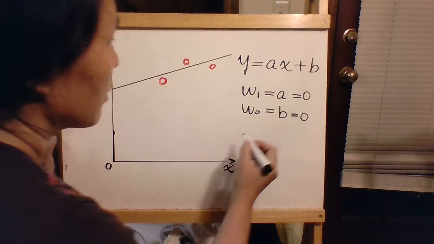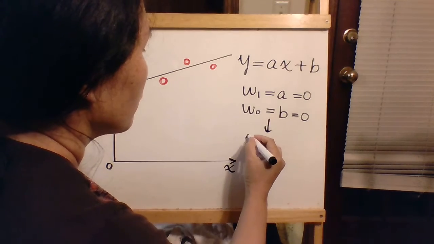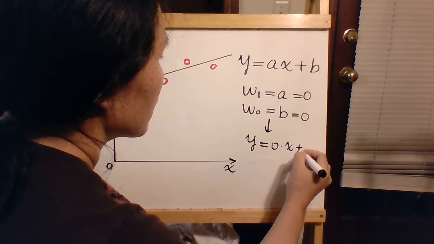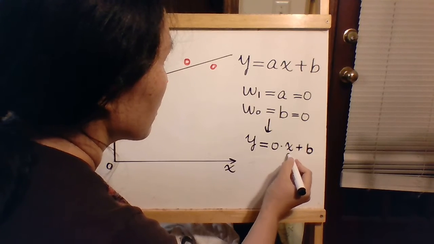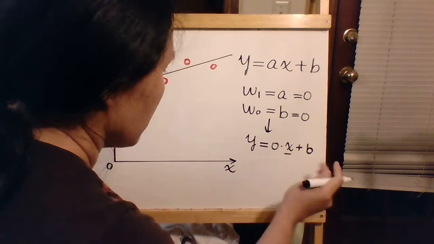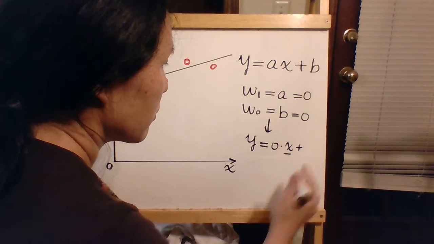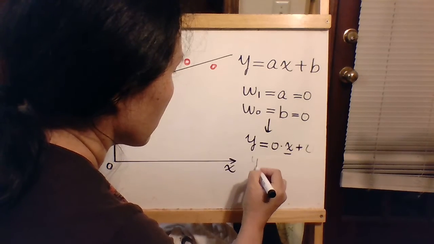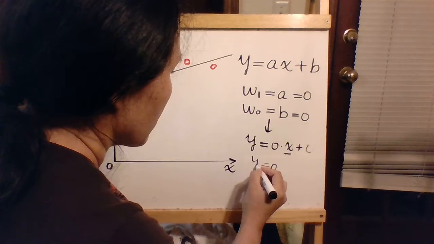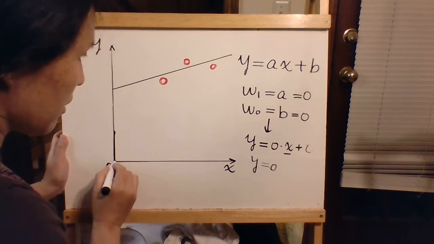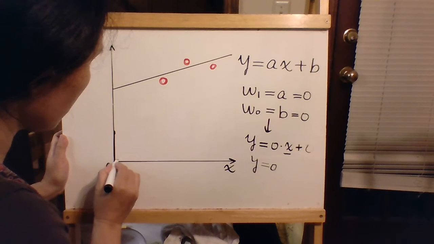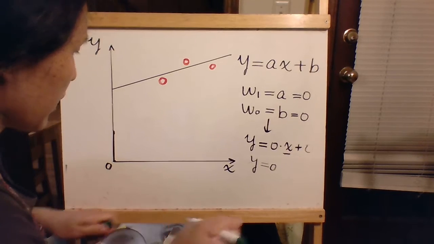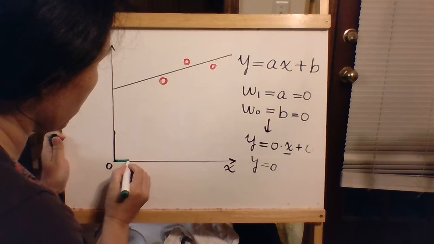Then the starting guess is y equals 0 times x plus 0. That means whatever x is, y is always equal to 0. That is the line of the x-axis. So the machine starts from this very, very poor guess.